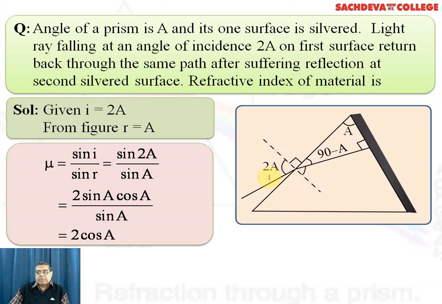According to the statement of our question, I is equal to 2A, and from the figure, the refracted ray R is equal to A. Now, we will use the formula for the refractive index: mu is equal to sine I over sine R. For sine I, we compute sine 2A, and for sine R, we compute sine A. Trigonometrically, we expand sine 2A, which is 2 sine A cos A, divided by sine A. So sine A will cancel off, and mu will be 2 cos A.